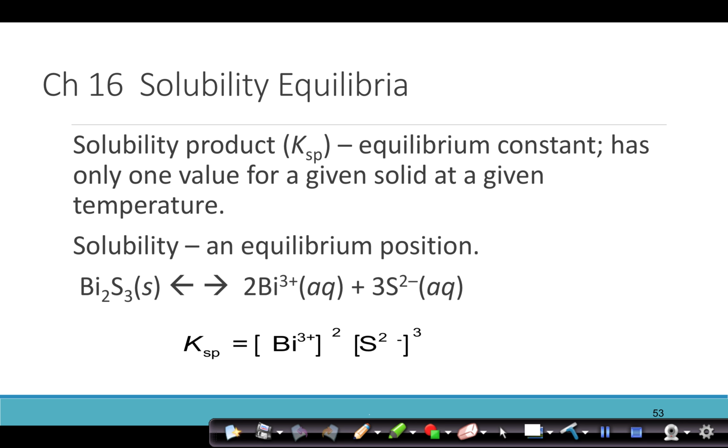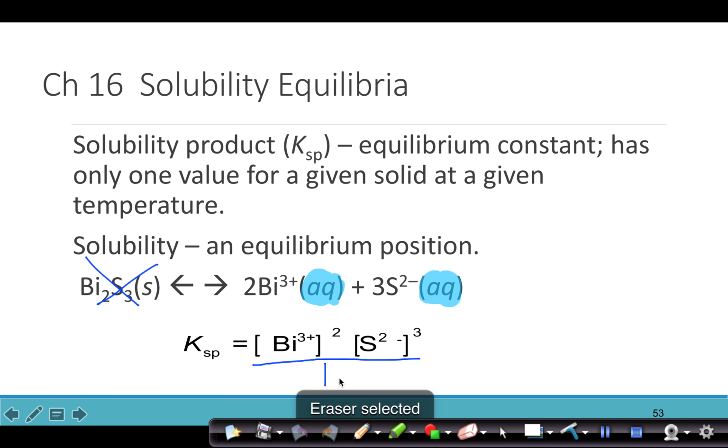So again, because KSP is only allowing aqueous and gases, because solids are never allowed in the KSP, the Bi2S3 actually drops out completely. So it's as if it's Bi 3+ squared, because that was its coefficient, S 2- cubed over 1, because this wasn't there. Because it's a solid, it just drops completely out. So our KSP expressions are not going to have denominators.